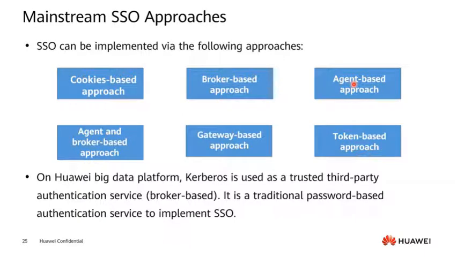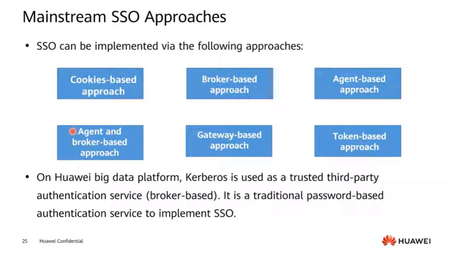Thirdly, the agent-based approach. In this approach, there is an authentication agent located on the application server. The agent acts as a translator between the authentication system of the application server and the authentication protocol adopted by the client. Fourthly, the agent and broker-based approach. This approach is based on the agent and broker.